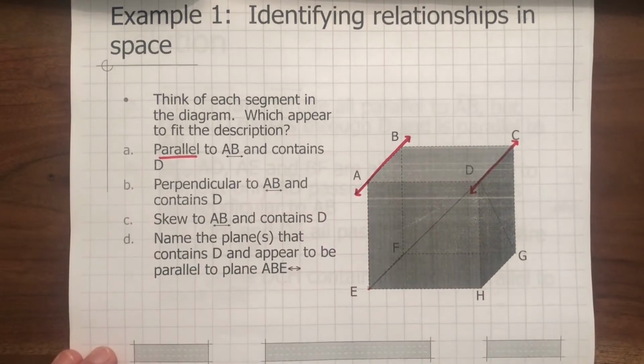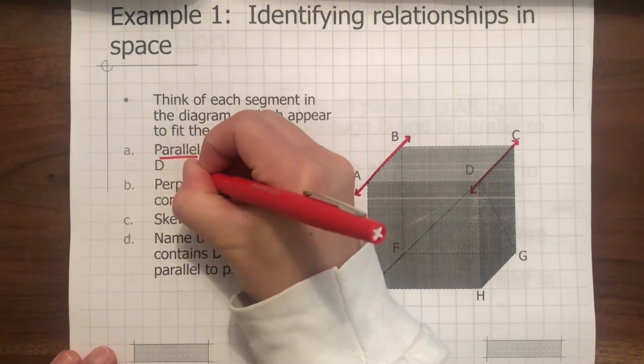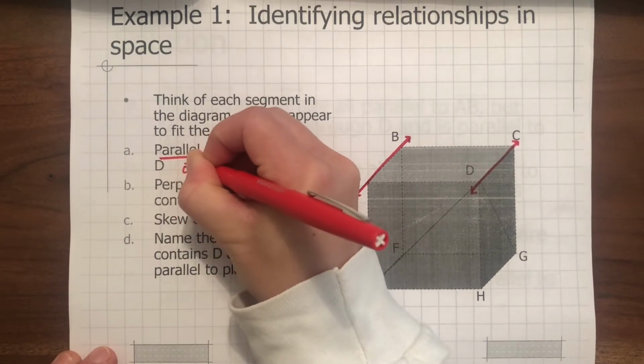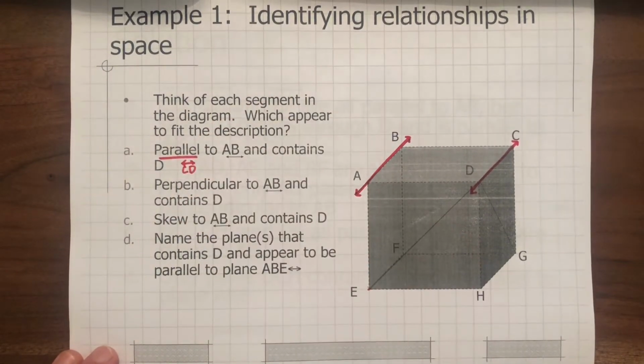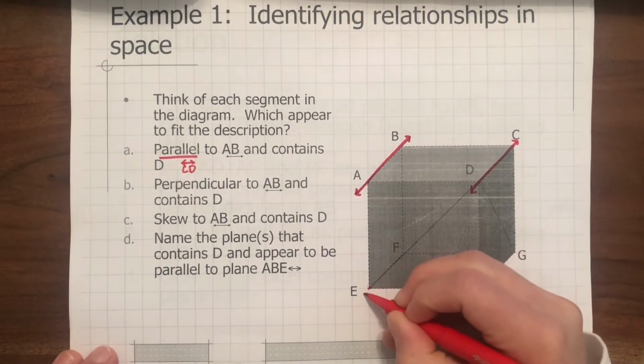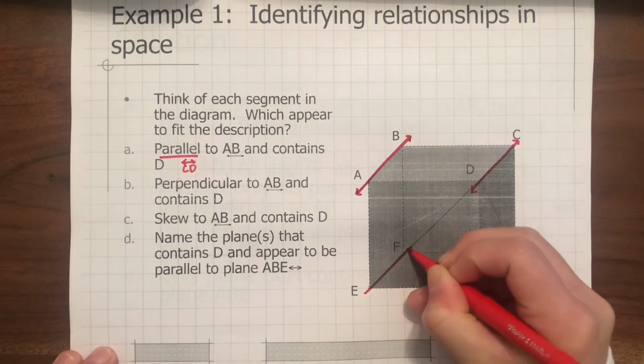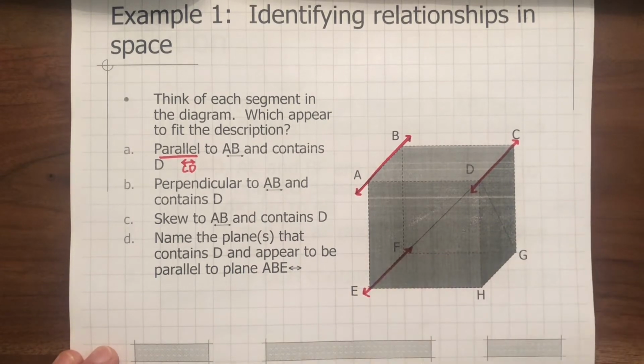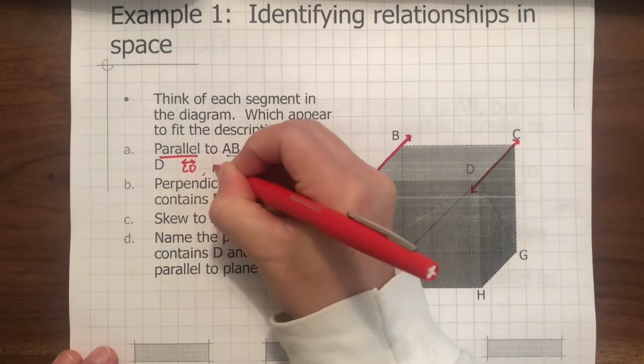So let's go ahead and write that next to it. So we have CD. Do you identify another line that would be parallel and in the same space? Well, another one is going to be EH. EH is also parallel to AB.